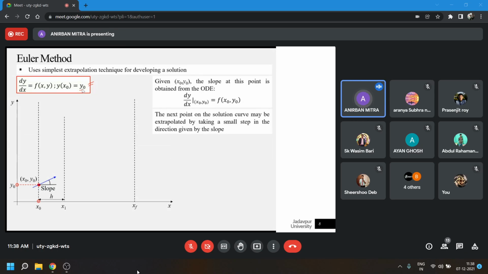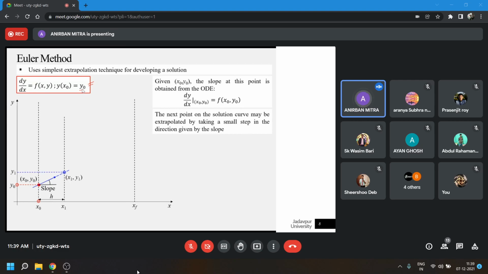So let's say this is the small step h that takes us from x0 to x1. If we extend the slope, the line indicated by the slope is going to intersect with the vertical line passing through x1 at the point indicated by the blue dot.